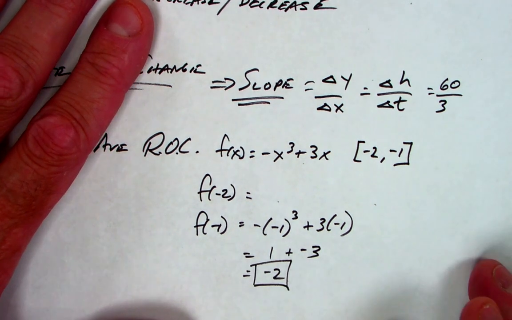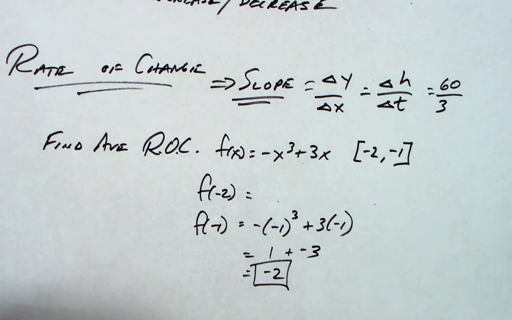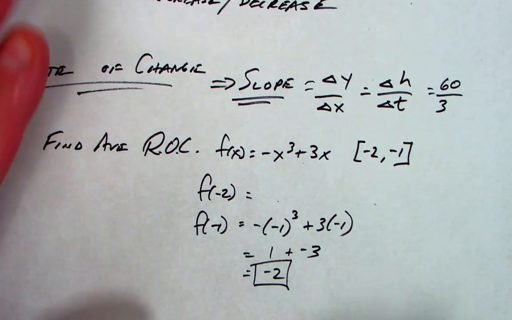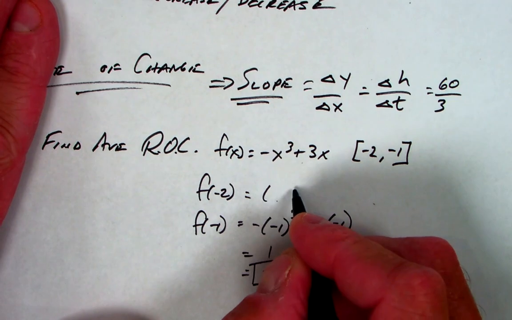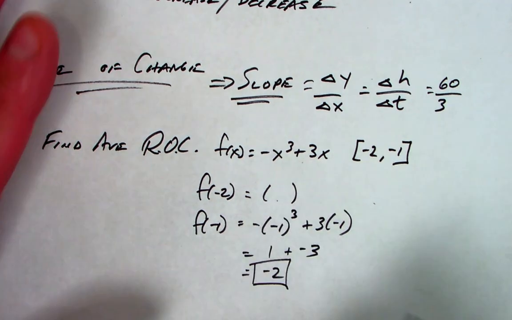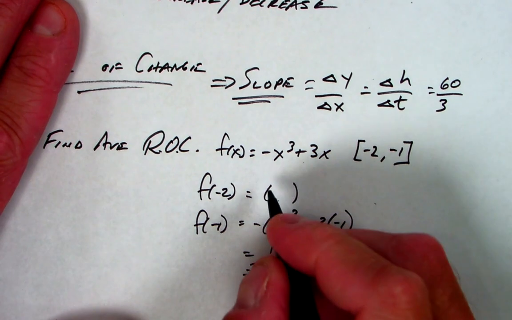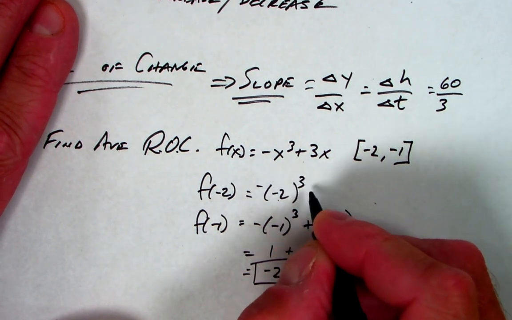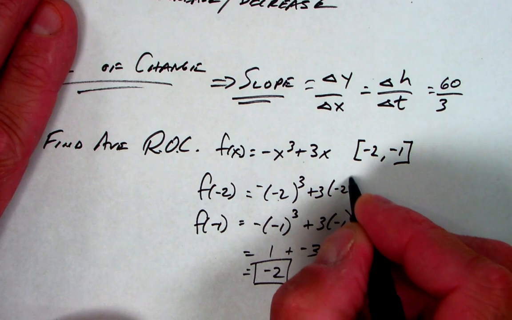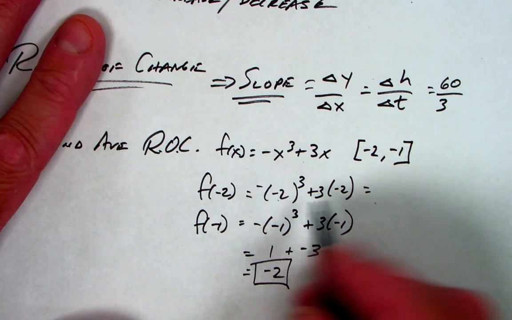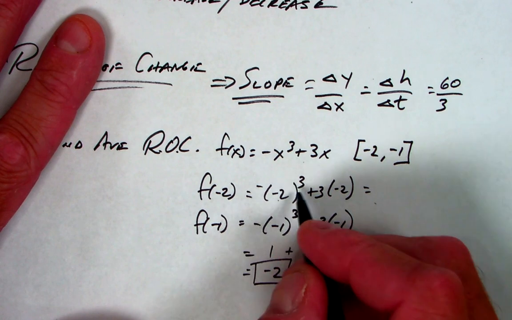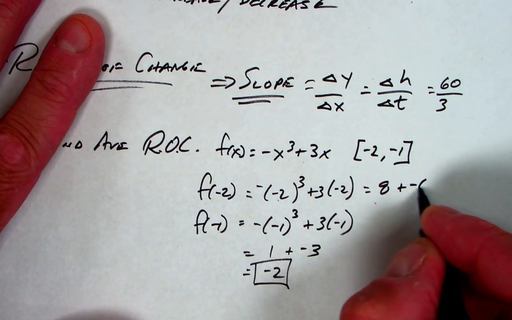Okay, so it's 4. Yeah, there you go. -2 cubed, that's -8. And look where I'm doing my work, right next to f of -1. Ladies, what'd you get? 2. So we get the negative of -8, so 8 plus -6 equals 2.